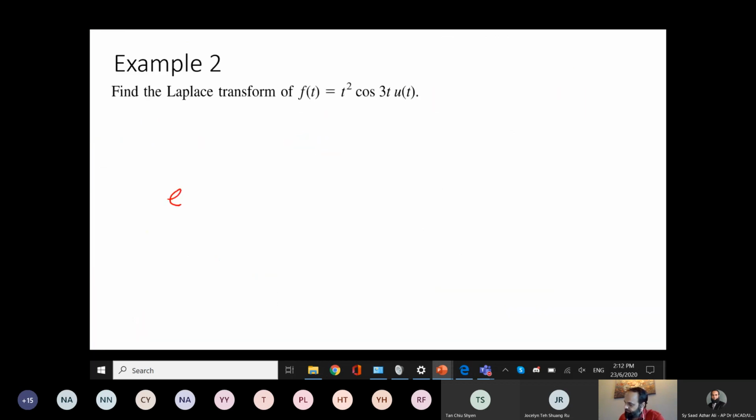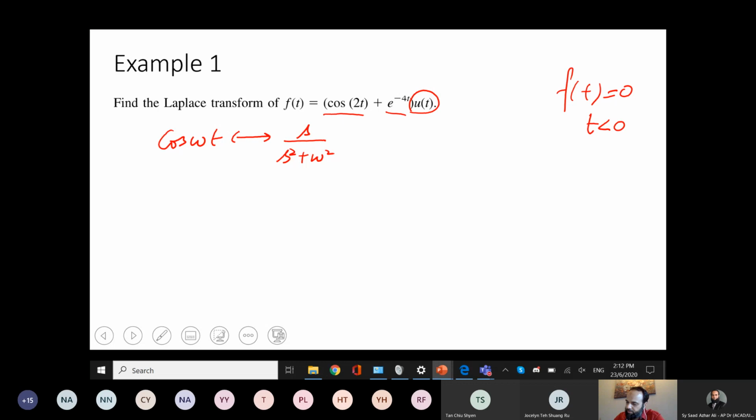It is very easy to relate that here this is omega and this is a.